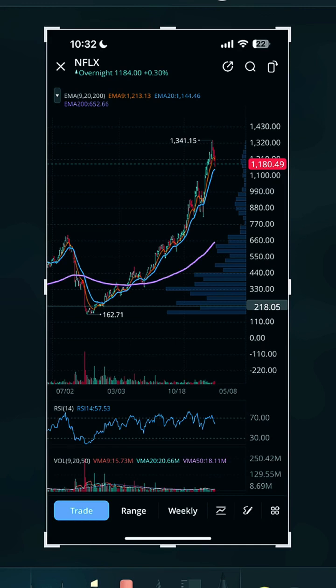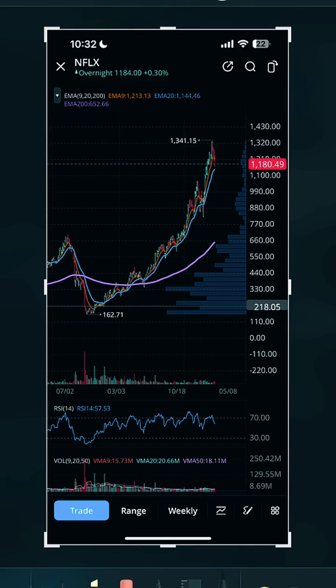Now, what I wanted to put emphasis on is, if I wanted to make money from Netflix going up or down, and I don't want to buy 100 shares outright, because it'll cost me $1,000+ for each share. So for 100 shares, you've got to have at least $100K. But instead, I can trade stock options.